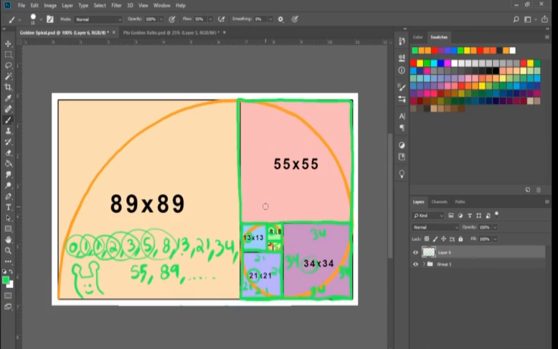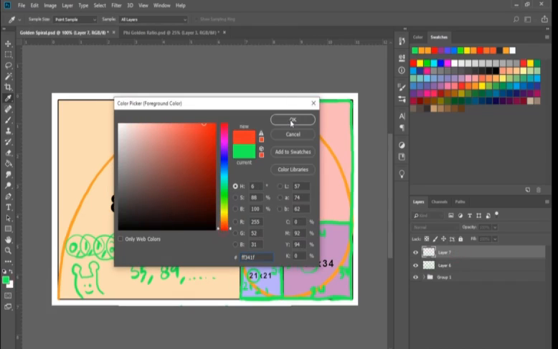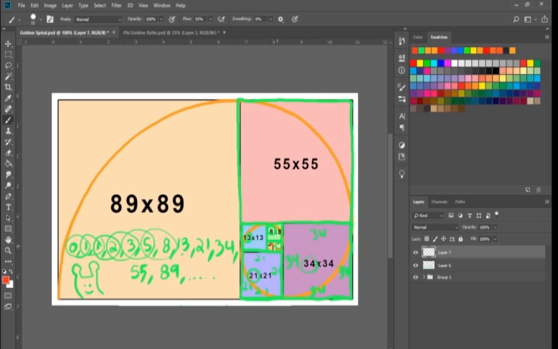This goes along with the compositional rules that I was telling you about, you can use this as a composition. Basically, how you're going to do it is you match up this point right here, that really congested point of the spiral, with your main focus.